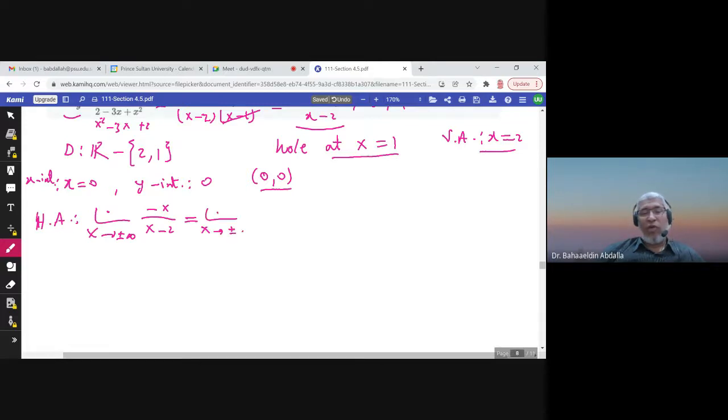In both cases, I'll take the highest power up, the highest power down, and x cancels with x. So I get negative 1. So y equals negative 1 is a horizontal asymptote, and the graph approaches negative 1 from the right when x goes to infinity and when x goes to negative infinity.